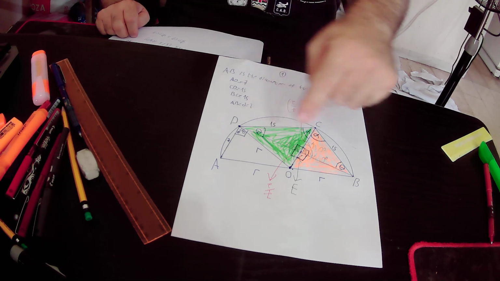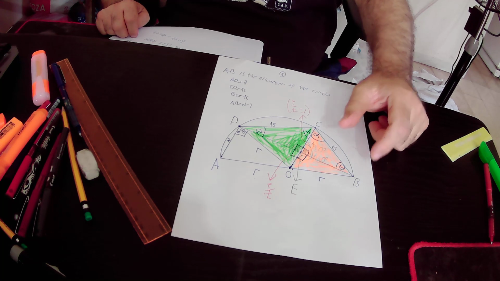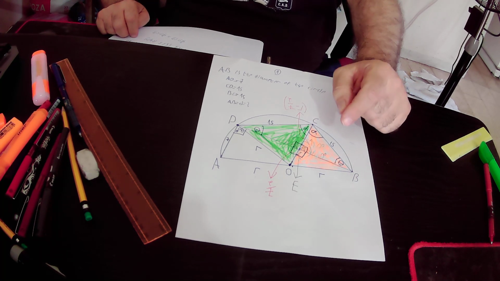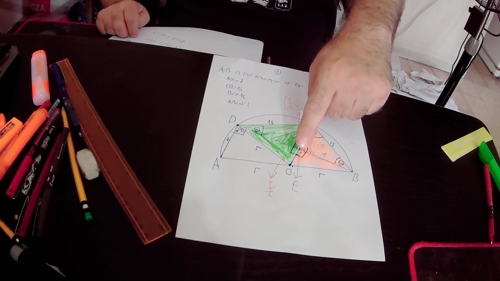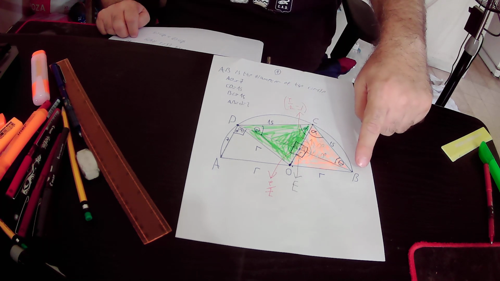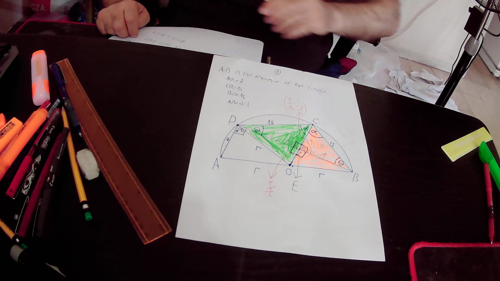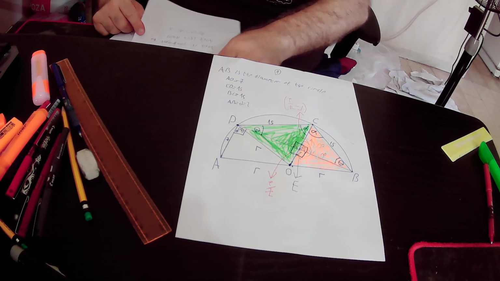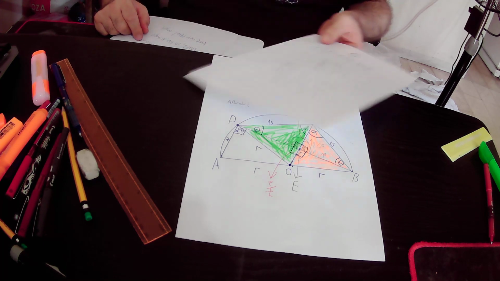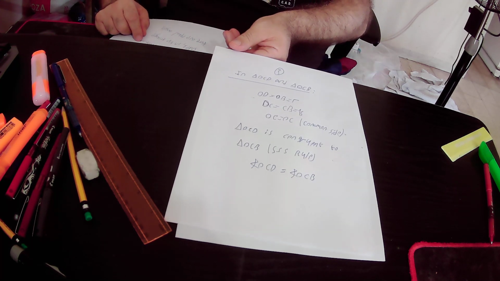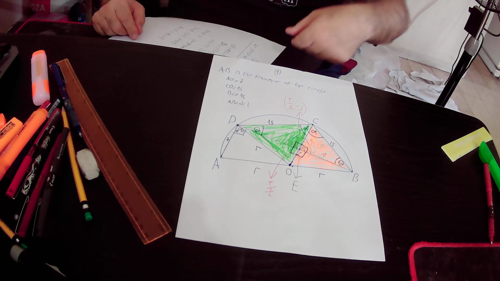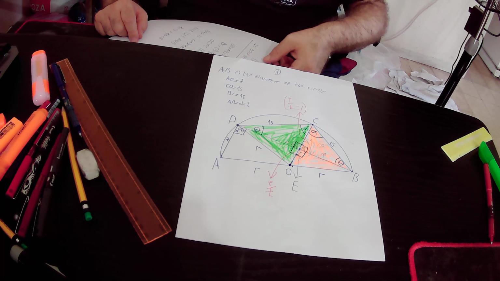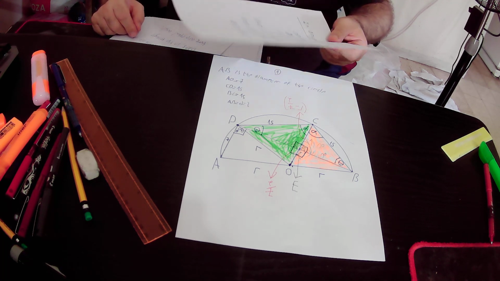Therefore, OD is the radius of the circle, and OB is also the radius of the circle, for the same reason, because it starts from the center, point O, and ends at point B, a point of the circle itself. So OD equals R, and OB equals also R, so they are equal to each other.